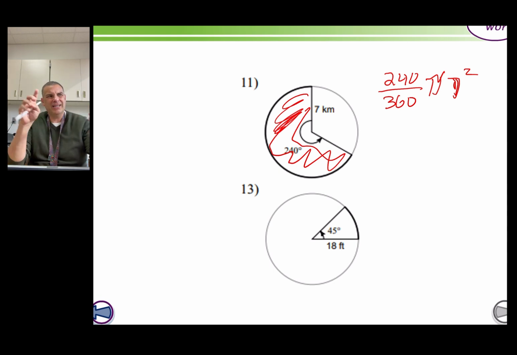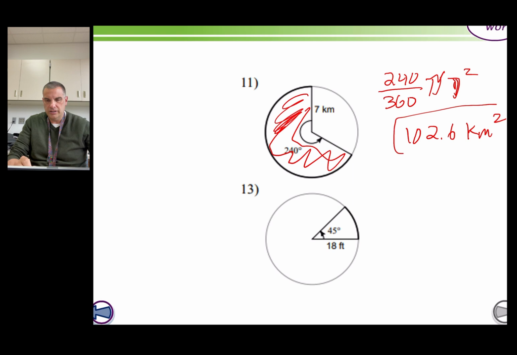If you do it that way, make sure to hit equals after the 360. Times pi. Let's try it again: 240 divided by 360 times pi times 7 squared. You get 102.6 kilometers squared as the area of that one. Okay, go ahead, do number 13 quick, press pause.